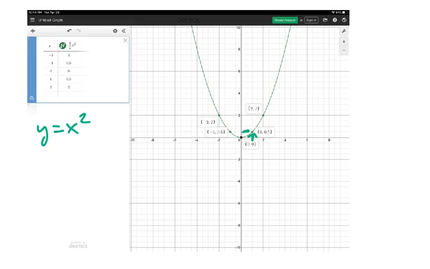And conversely, the smaller the number is, and I'm talking about absolute value, I'm not thinking about negative, which we haven't even talked about yet. But if the number gets smaller than 1, like in this situation, the graph is going to grow wider. So the common way of describing this is to think of a rubber band, and if you smash a rubber band, it gets wider, and if you stretch a rubber band, it gets longer.